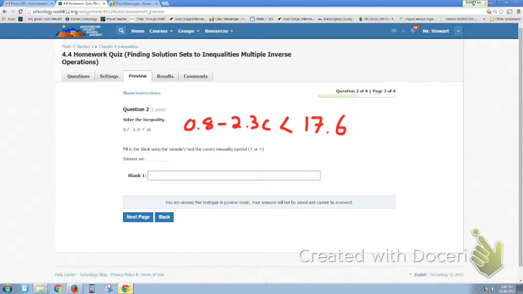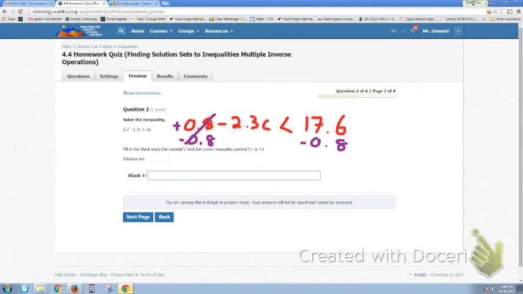It doesn't look like it, but this is a positive 0 and 8/10, or 0.8. This is a negative 2.3 that's being multiplied to c. So I'm not going to touch this until later. For now, I undo a positive 0.8 by subtracting 0.8 from both sides.